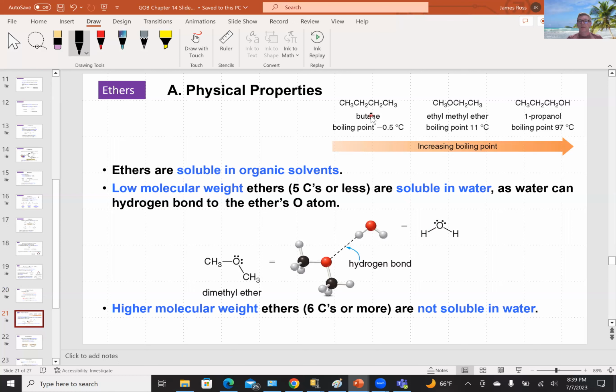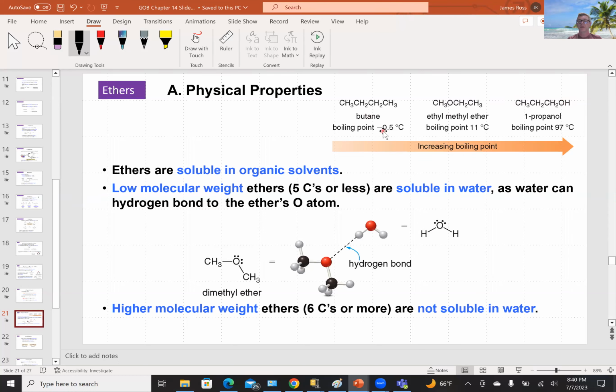Let's compare. This is a nice comparison of similar structures. In butane, there are four main elements in a row, all carbon. In ethyl methyl ether, we have four main elements in a row, and one of them is an oxygen. And in 1-propanol, four main elements in a row, again one of them is oxygen.